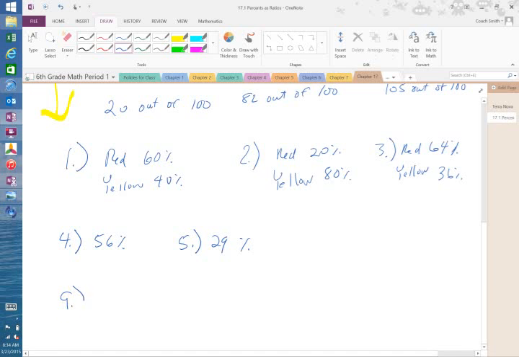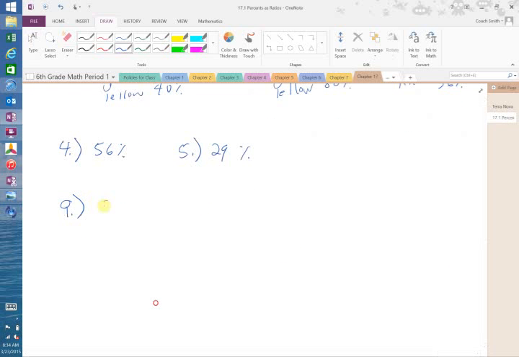Number 9 says write each percent as a ratio in word form and in fraction form. So number 9 says 38%. Okay? Well, 38%, and they wrote it out in word form.